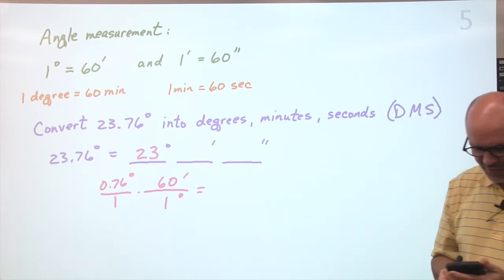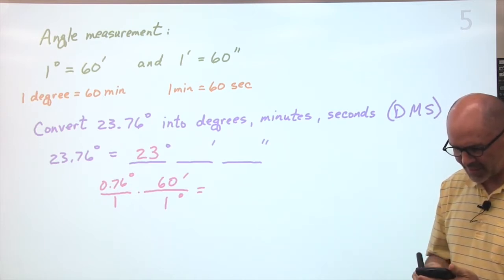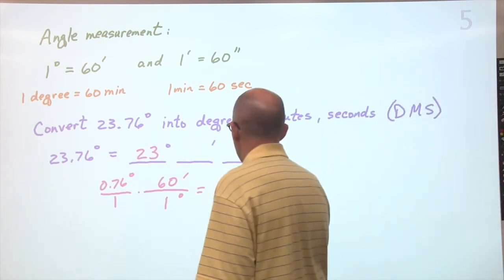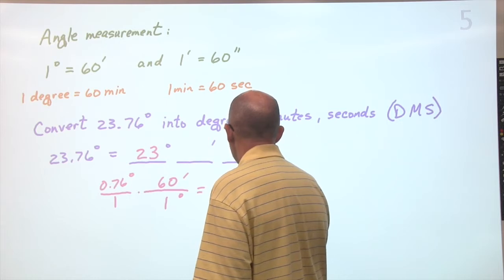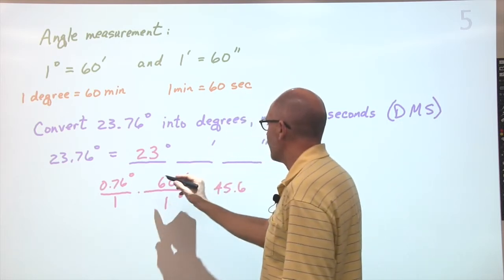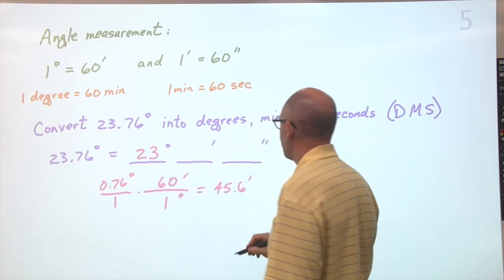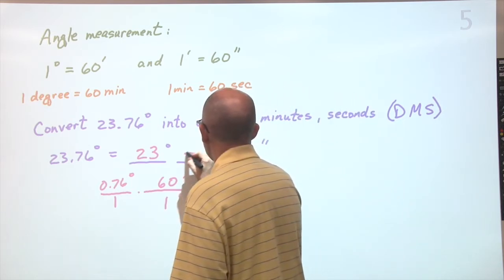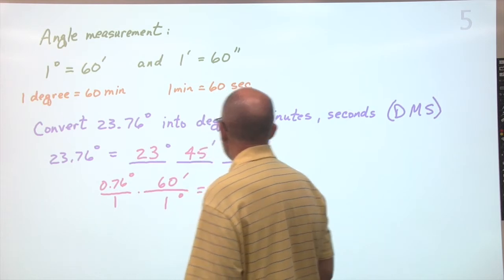So 0.76 times 60 is 45.6. So 45.6, and what do I have? Well, the degrees cancel, so I have 45.6 minutes. So that means I have 45 minutes.